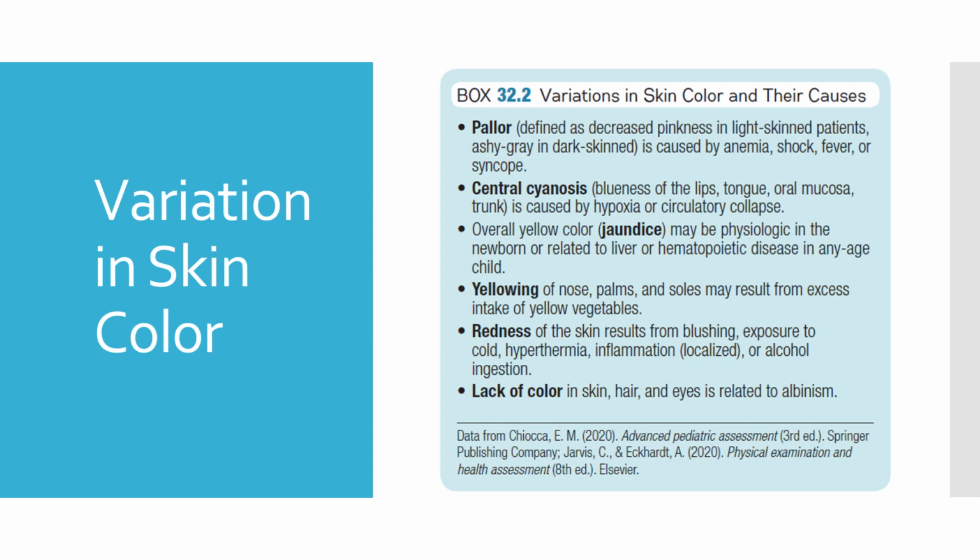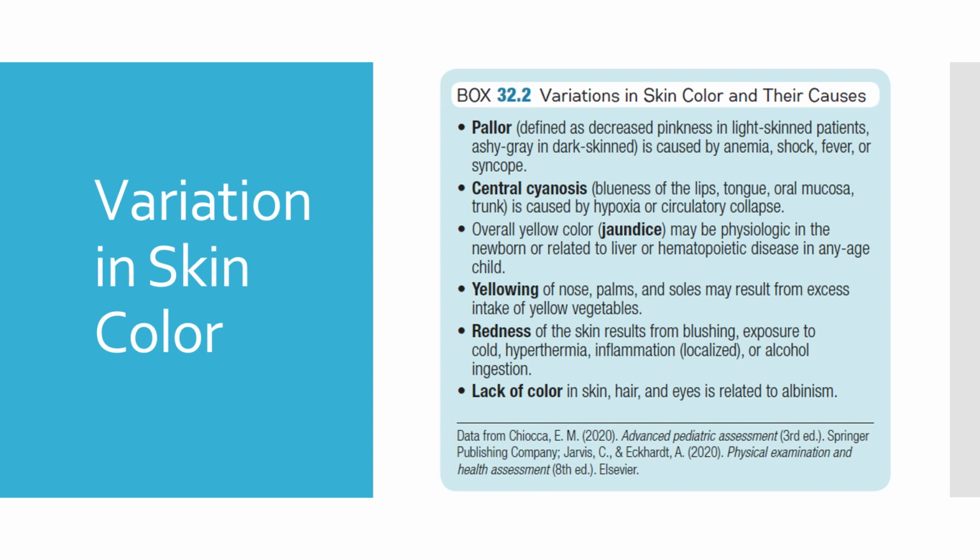This chart here is in your book on page 1135, and it's just showing those variations in skin color. Pallor being that pale, ashy gray color. Central cyanosis is that central blueness of the lips, the tongue, the mucous membranes. Sometimes that can be a circulatory issue.